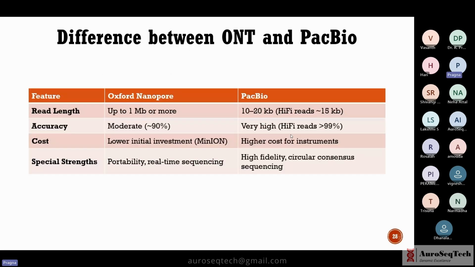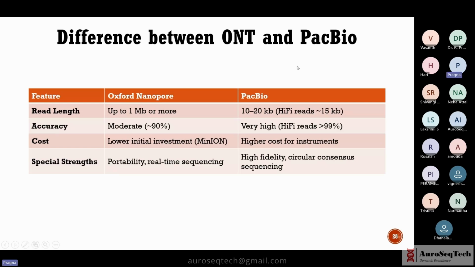If you look at the difference between ONT and PacBio, both produce long read sequences. In PacBio it can go up to 10 to 20 kb, the average is 15 kb. Accuracy in nanopore is compromised, which is why it is used mostly for structural variants, but not for single variant detection.